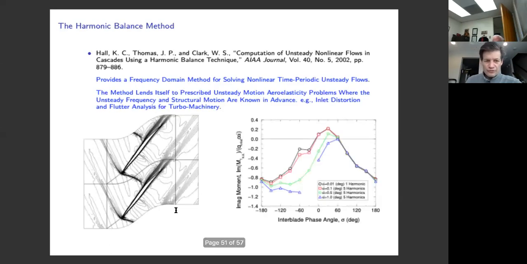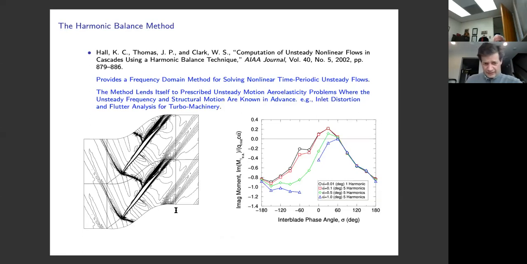For example, these are some Mach contours for a transonic turbo rotor configuration. And then we used the method to compute the imaginary moment, which is proportional to the unsteady aerodynamic damping, and we could compute it with the harmonic balance method for various interblade phase angles.